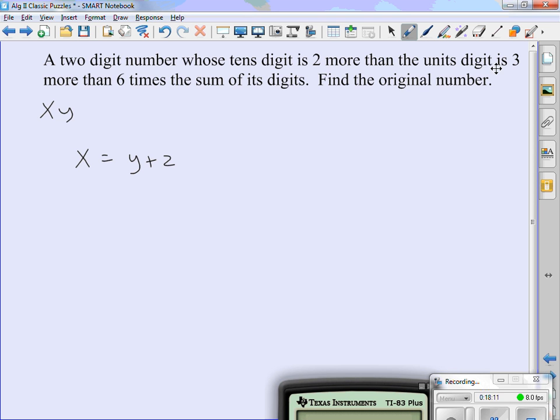Okay, 3 more than 6 times the sum of its digits. So your 2-digit number is 10x plus y, is 3 more, so plus 3, 6 times the sum of the digits.